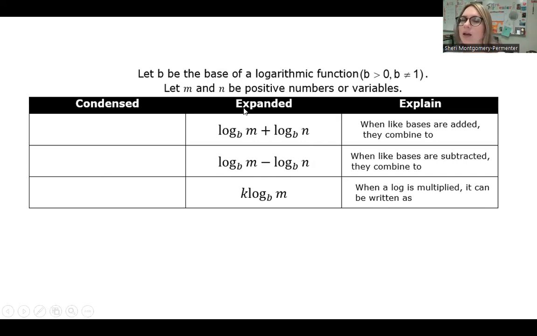Just like we had exponent rules, we have log rules, and they're very similar. When you're adding logs with the same base, like bases added combine to multiply.